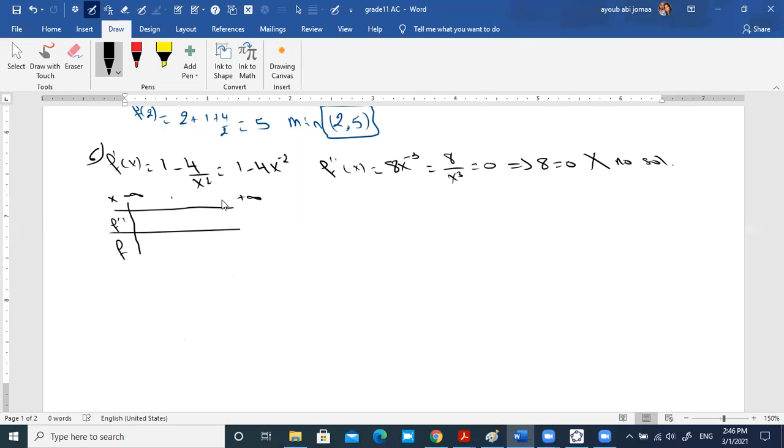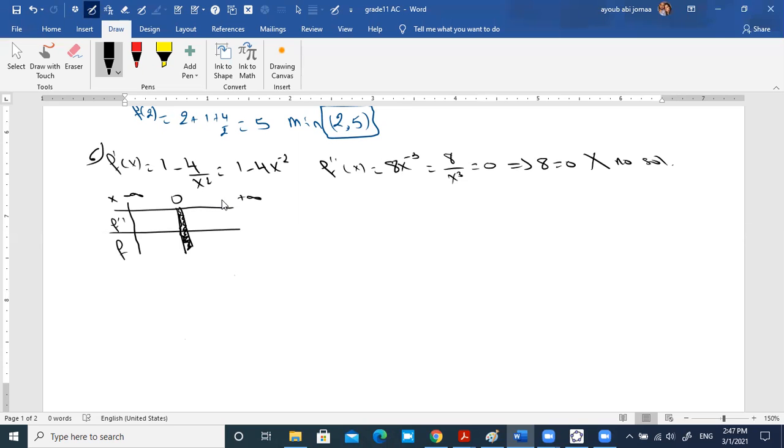We have 0, an excluded value, so shade at 0. Or if you want, 8 over x to the power 3: 8 is positive, x to the power 3, like what we learned in the first two lessons. In the table, the numerator is 8, the denominator is x to the power 3. The root of the denominator is 0. So here you put 0 and complete it.